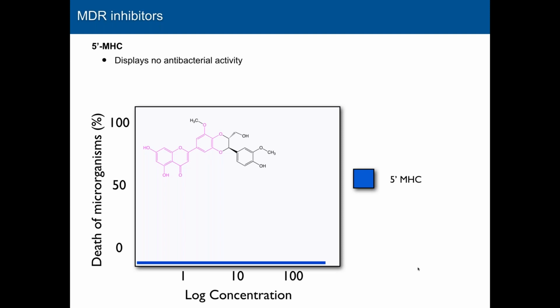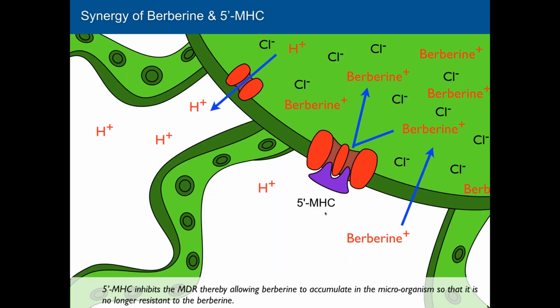No matter how much you give, it does not cause any harm to these bugs. But what it does do is it blocks these multi-drug resistant transporters. And so as a result, the microorganism is unable to pump out the antibiotic or whatever the compound is, and in this case it's berberine. And so you basically reverse the antibiotic resistance.